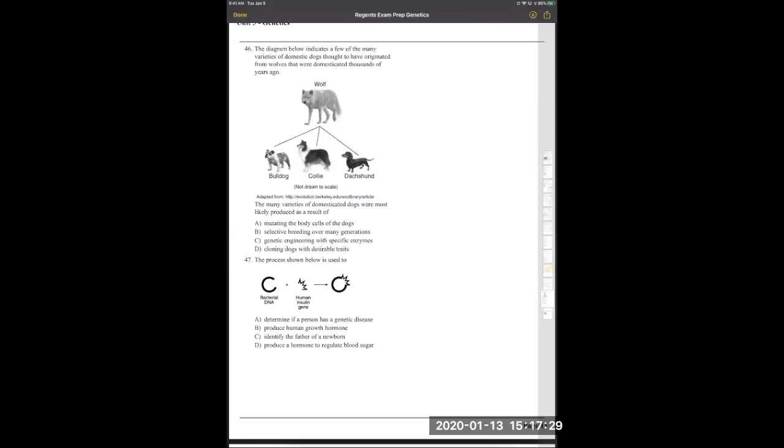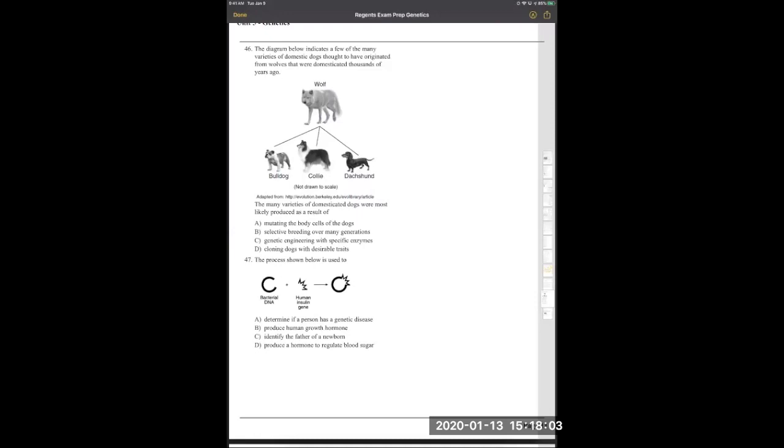Genetic engineering with specific enzymes. That's for bacteria. That's mostly for cells producing some sort of substance that we need, not necessarily dogs. If you wanted your dog to produce golden eggs, that would probably turn into genetic engineering, but we're not doing that here. We're breeding these dogs over many generations.